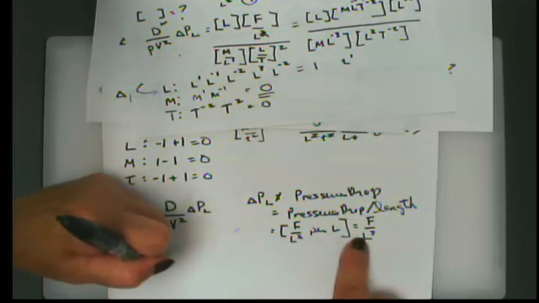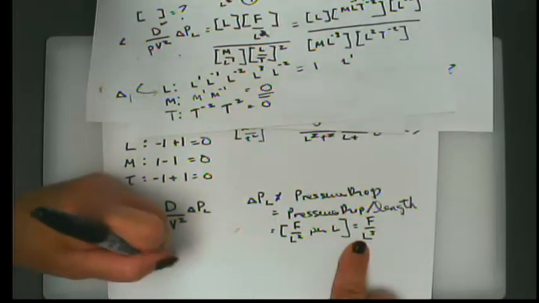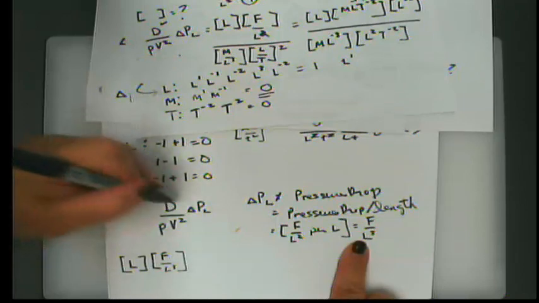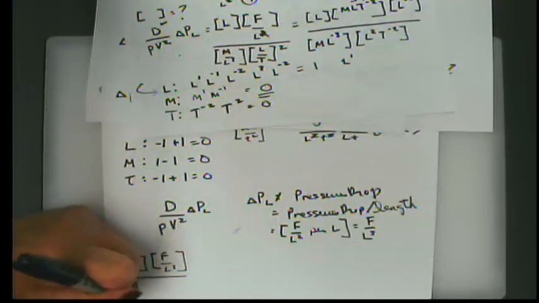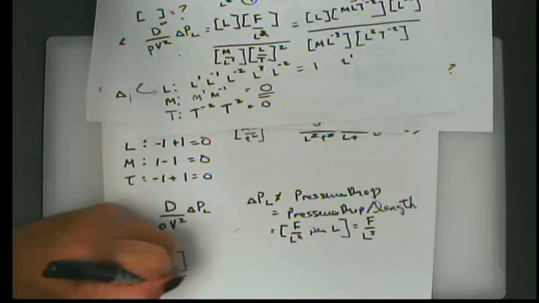Let's just go ahead and redo it. So if I look at this dimensionally, D is L, dimensions of L. Delta P is dimensions of force per length to the third. Rho is mass per length to the third. And velocity, which is length per time, is going to be length squared per time squared.